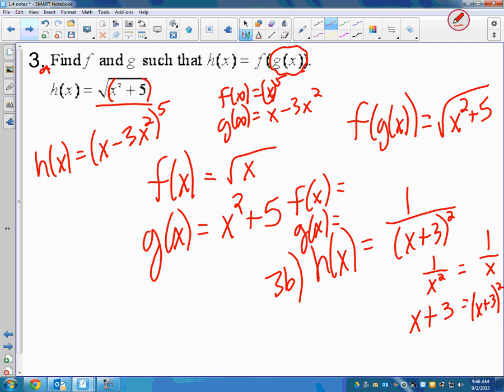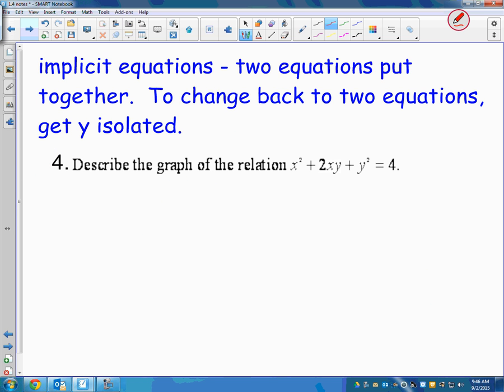Okay, I got one more thing. Implicit equations, all right? Implicitly defined equations is, again, kind of a calculus term. I feel like lots of things we do in pre-calculus, if you don't ever take calculus, you never get to see the reason that we do them. But an implicit equation is an equation that is kind of hard to solve for y, or the x's and y's are all mixed up.